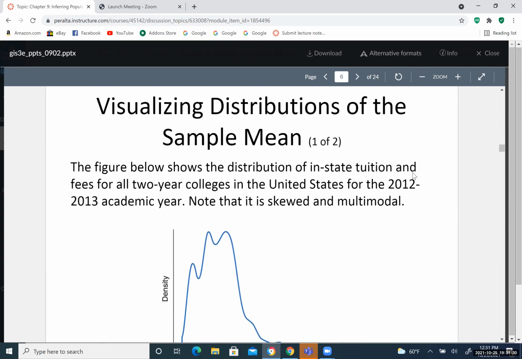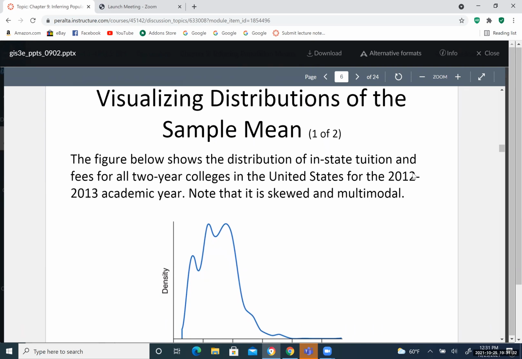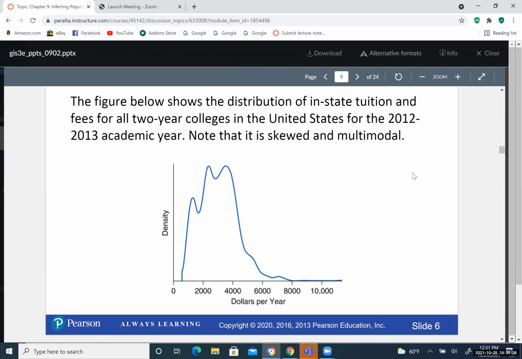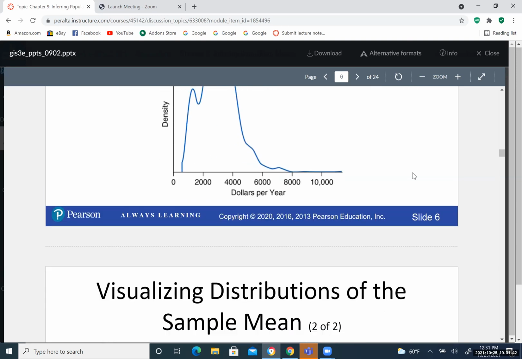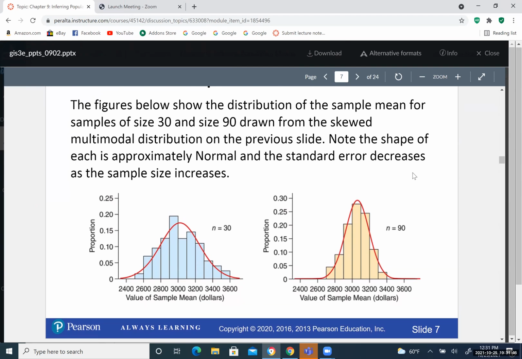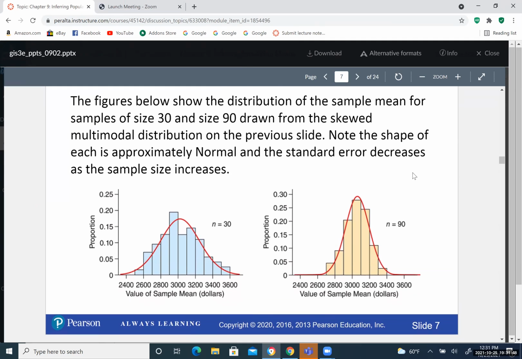And here is more about visualizing the distribution of the sample mean. It looks like it's not really a bell shape yet, but we're trying to convert that into the bell shape. See here, we got two graphs. One graph, the sample size n is 30.